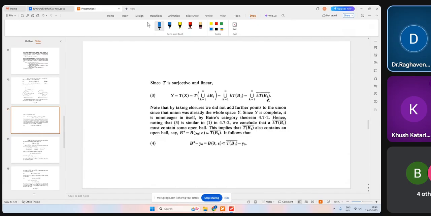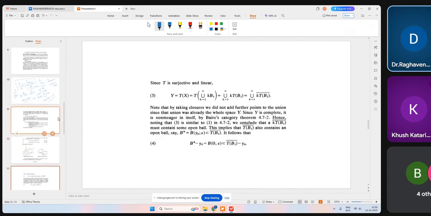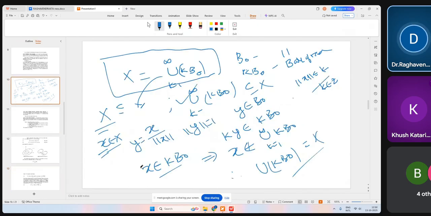That's obvious because for any set, A is contained in A closure. That is what is used. Nothing more.